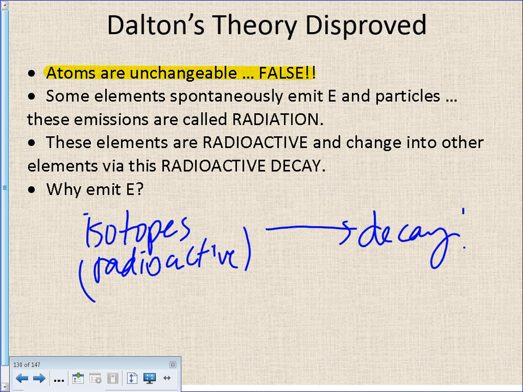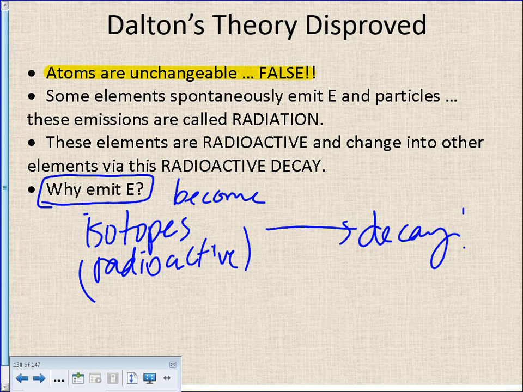Secondly, there's a reason why. There wasn't just a observation where you accepted all atoms are going to change. There's a reason why. What was my purpose of going over that in the beginning? Everything's got to become more stable. As you emit some sort of nuclear decay particle, you're also always emitting energy.